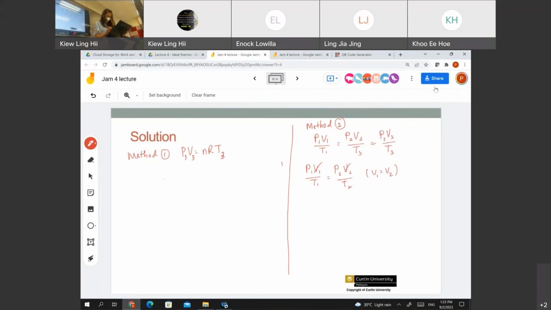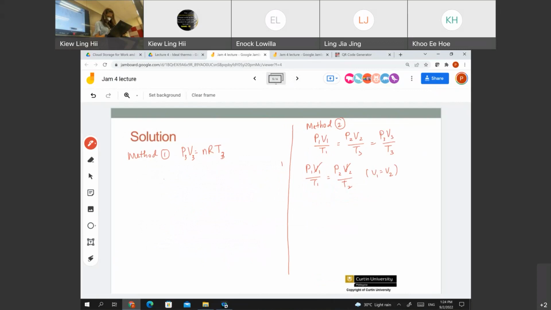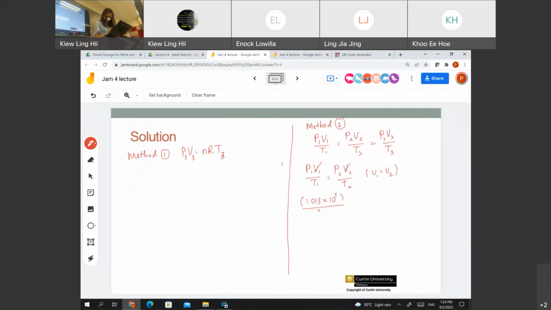So we have the values of P1, so we can look for what is P2, yeah? Divide by T1, which is 300. T2, 600.